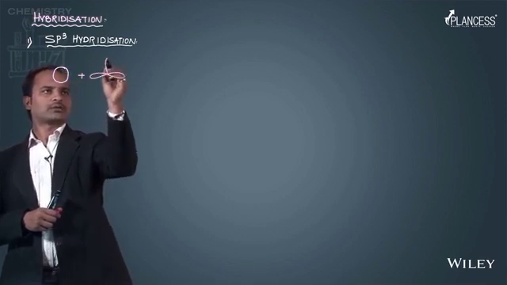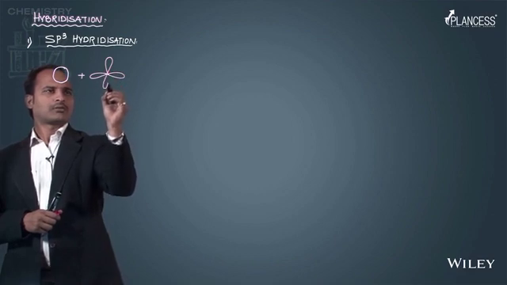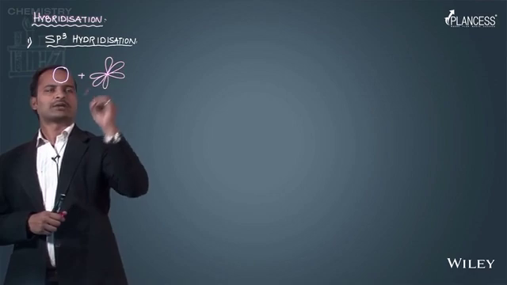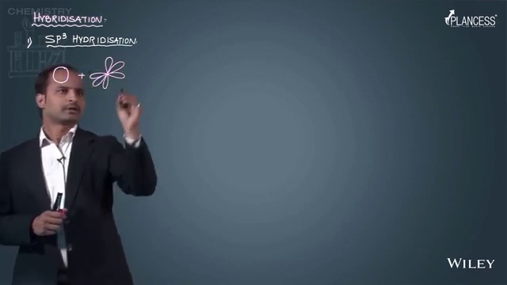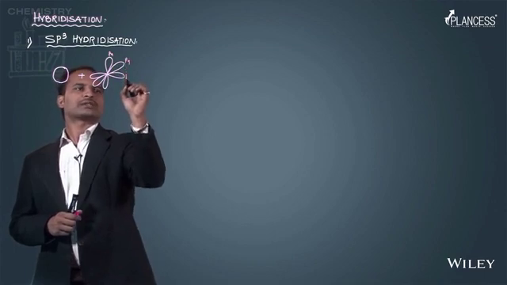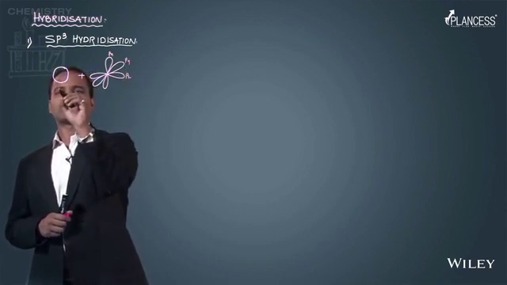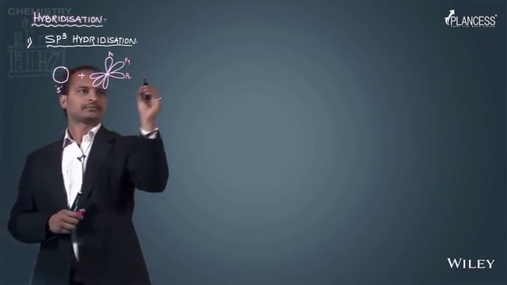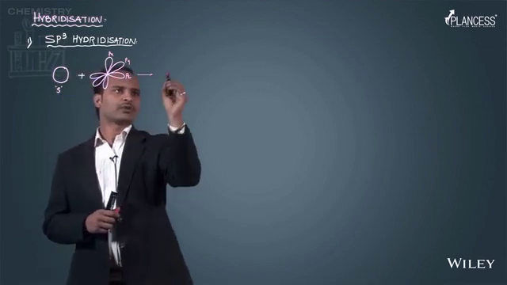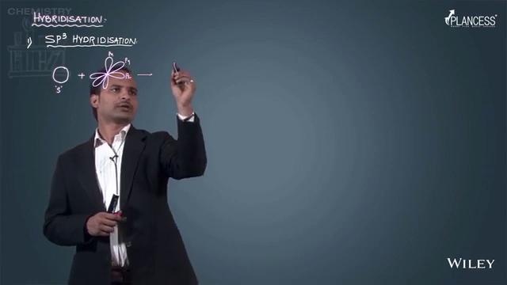This is going to be px, this is going to be py, and this is going to be pz. So 3p orbitals and the 1s orbital are undergoing the mixing and recasting process and produce 4 new orbitals. So those 4 new orbitals will be this one.